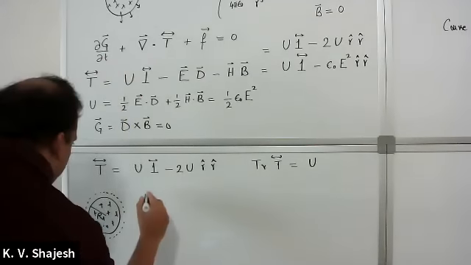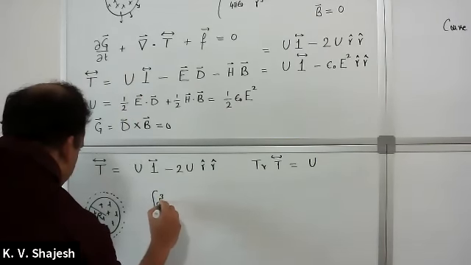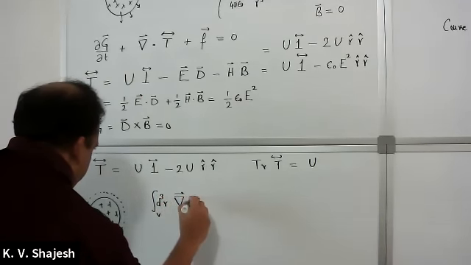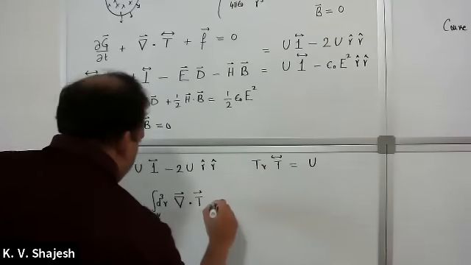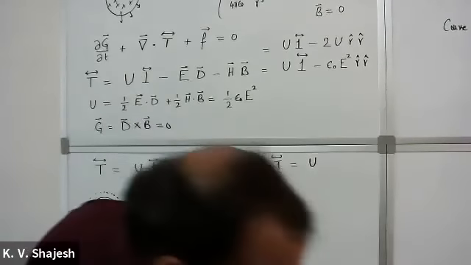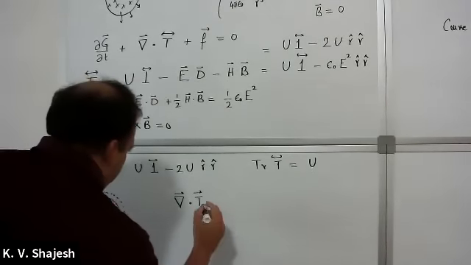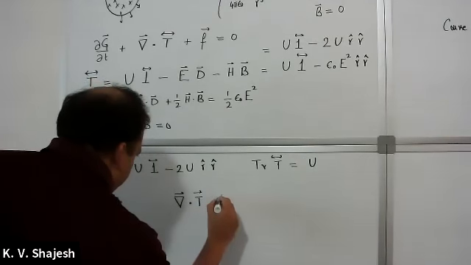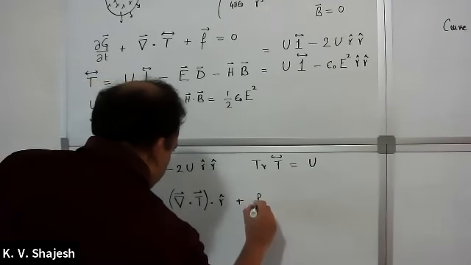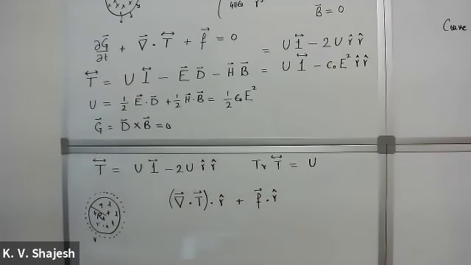Since the first term is anyway 0, what I have is the integral over the volume of the divergence of T plus F. Actually, I want to do one step before that. Before I do the integral, I first want to take the dot product with R hat, because this is a vector force density.